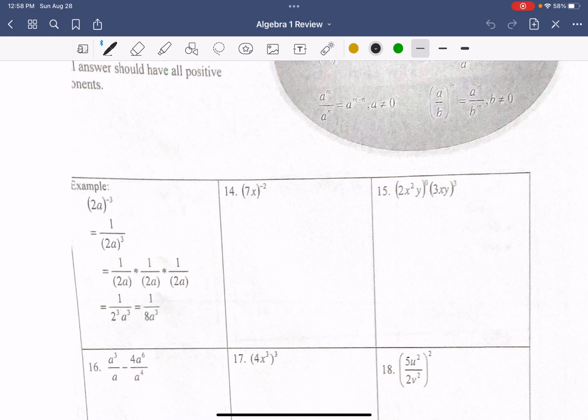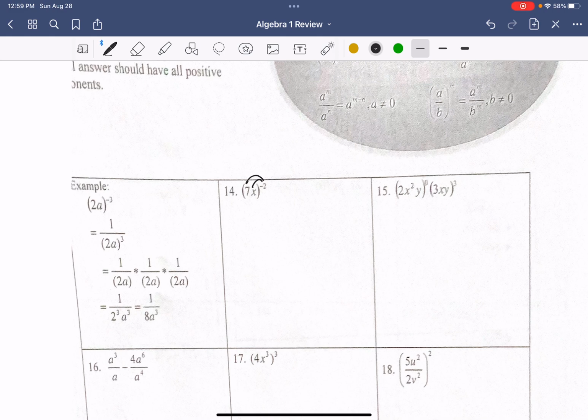So this first problem, the only thing that's wrong here is that we can't have this negative exponent, that -2. Because there's parentheses around the 7 and the x, the -2 is going to apply to the 7 and to the x. If you do not have the parentheses, you are not going to carry that -2 to the 7, okay?